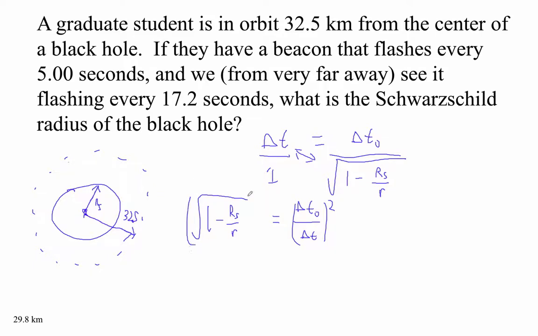That gets rid of the square root. Our next step is we get 1 minus r over... We square that, that's what we get. Then I think what we've got to do is go 1 minus.